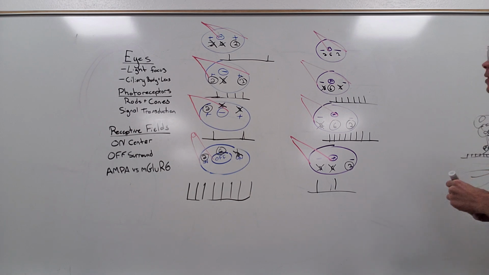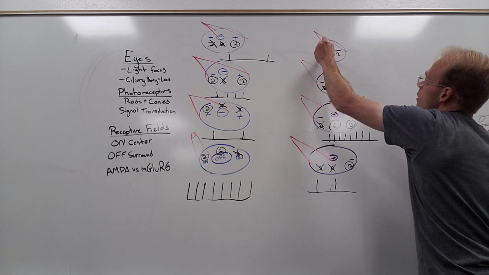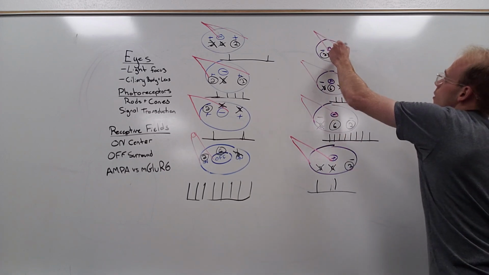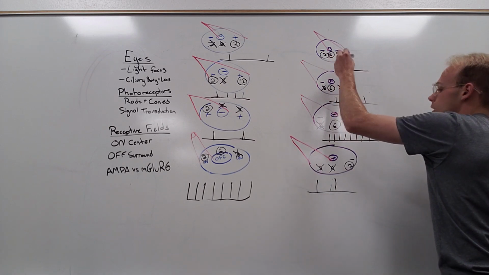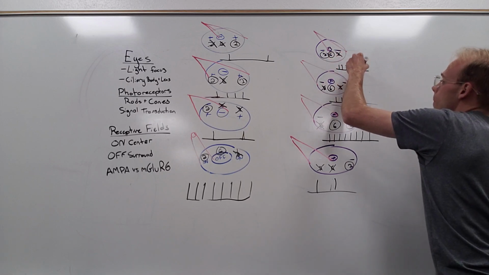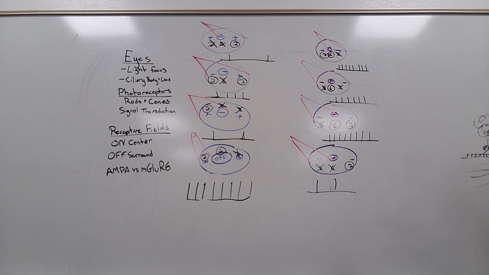For this one, we've got light here, likes it, dark here, and because it's an off surround, it appreciates that. And so we've got high action potentials again. Lots of action potentials.